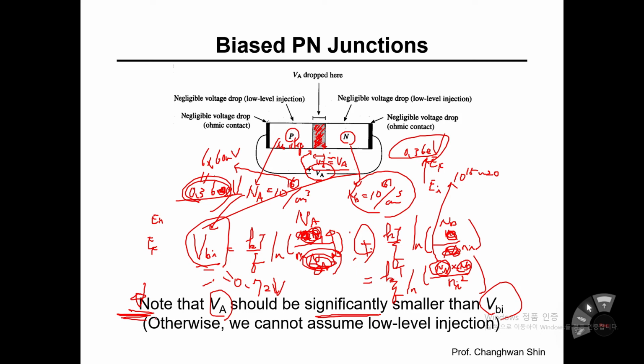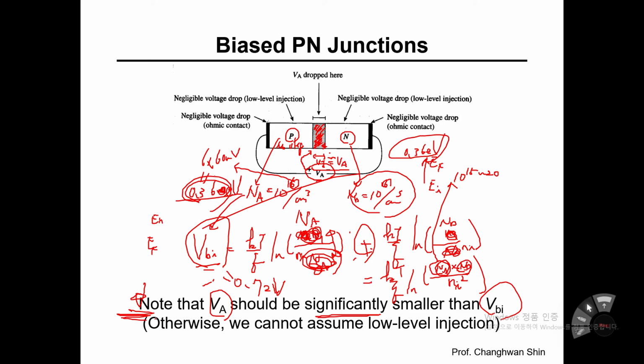If this assumption is denied, in other words, if V_A is quite similar to the built-in potential, or almost equal to V_BI, then what would happen across a PN diode? Yeah, the device physics is not very ideal then.